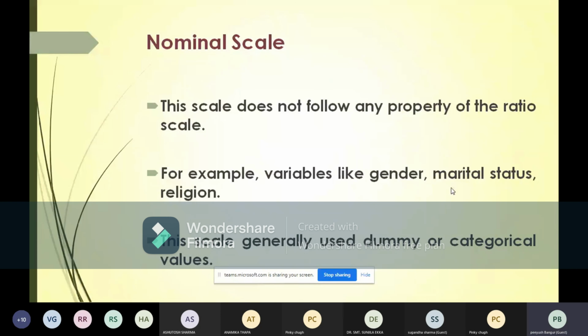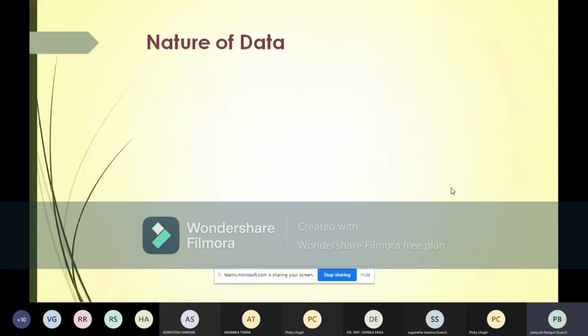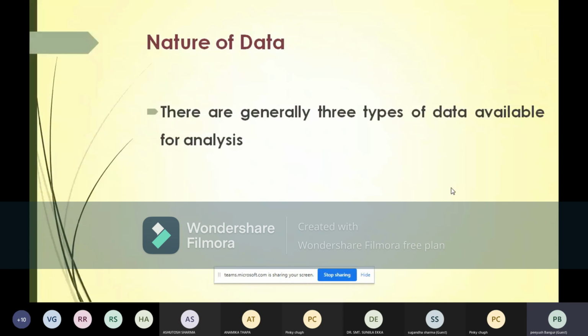Now the next topic, the nature of the data. There are generally three types of data available for analysis. We can see in our research or in past research that the nature of data is of three types. The first one is the time series. Second is the cross-sectional data.